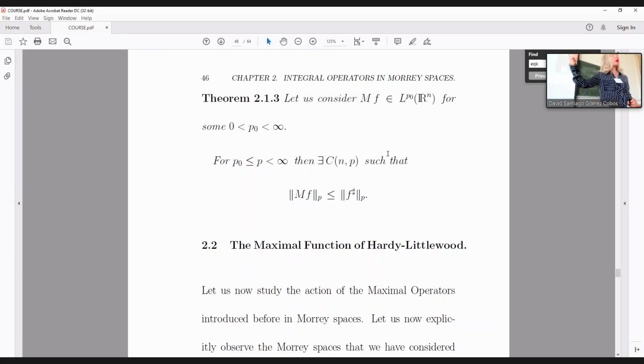We know from these classical results the relations in Lp. In the second part of the lecture of today, we start with the relation between Mf and f sharp in the Morrey class L^{p,lambda}. So this section will be probably after lunch.